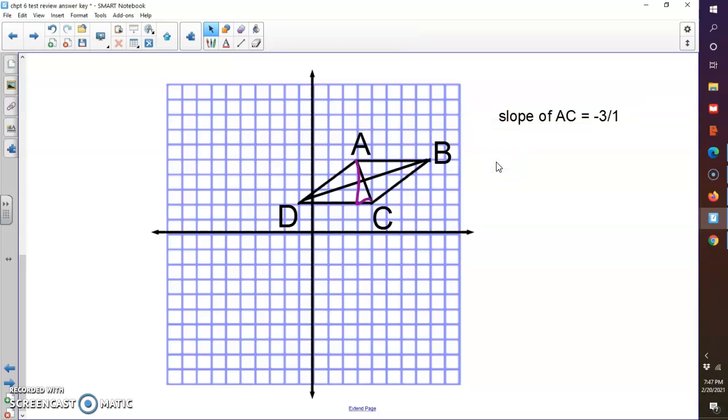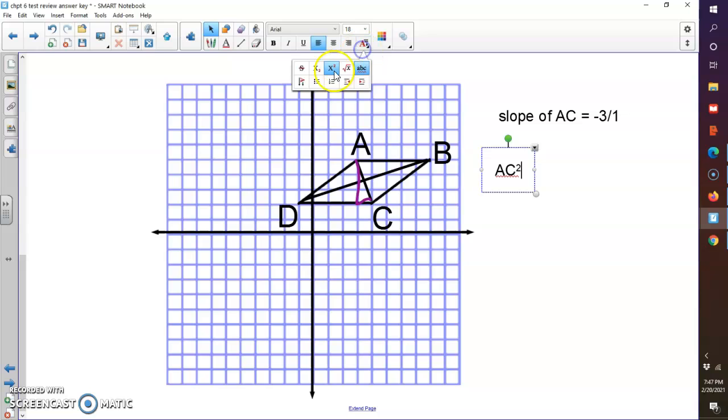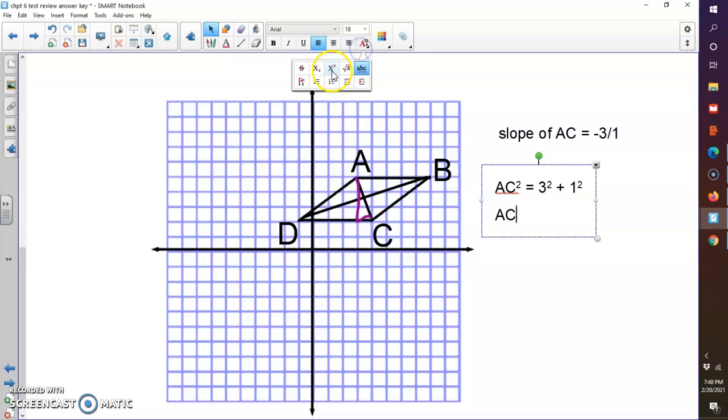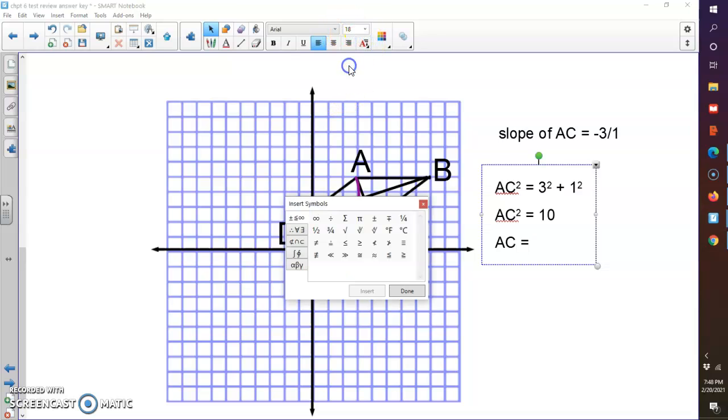The length of AC, well, AC squared equals 3 squared plus 1 squared. And AC squared equals 10 and AC equals root 10.